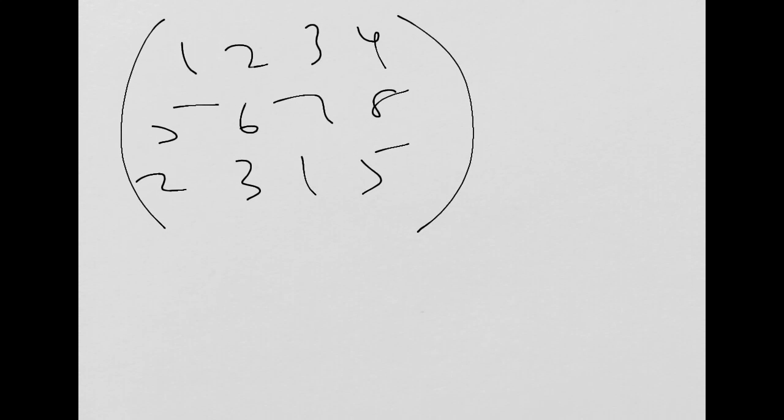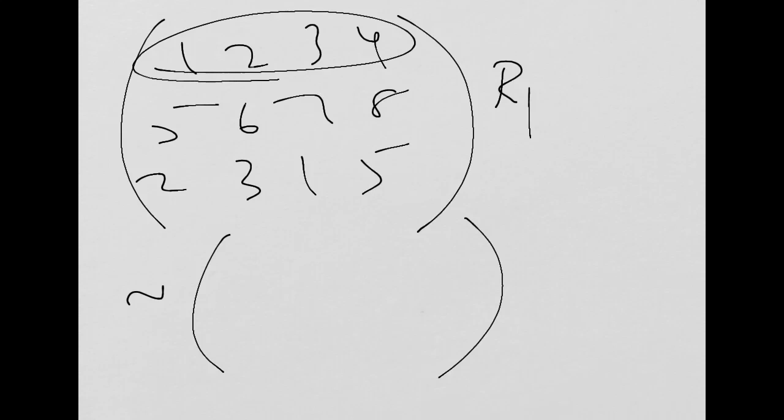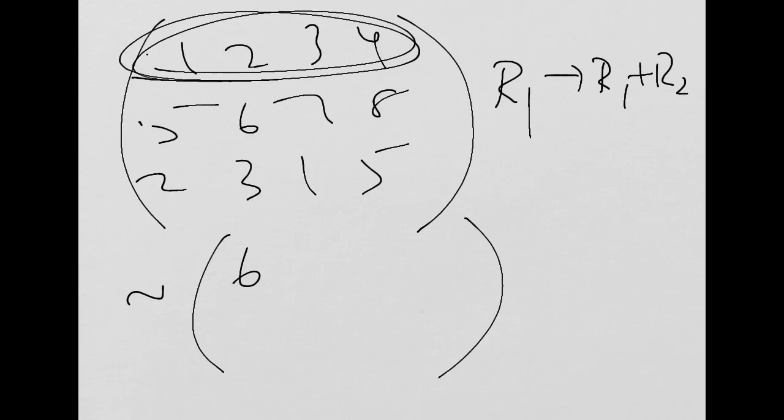I can write any row, say this is row 1, hereafter as row 1 plus row 2. Then all the row 1 elements should be written as row 1 plus row 2, which means 6, 8, 10, 12. Allowed. The others can be left as such.